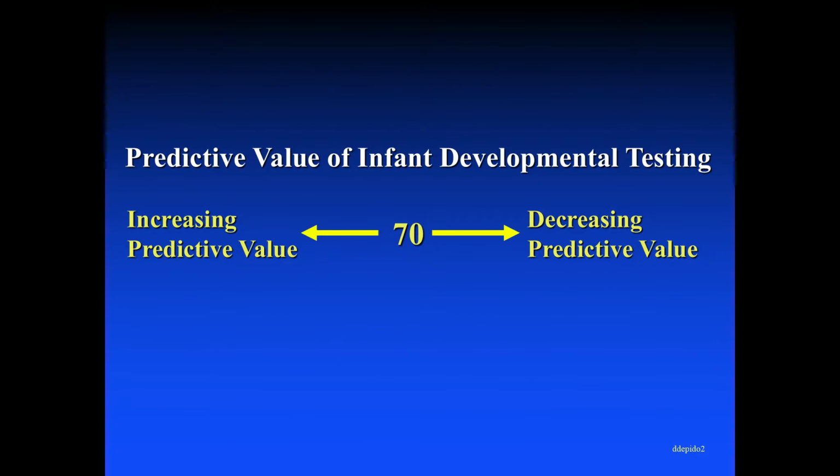One point worth emphasizing is the predictive value of infant and childhood developmental and IQ testing. And you'll run into a lot of people who will try to say that infant and childhood testing is not predictive of adult outcome, and they're partly right.